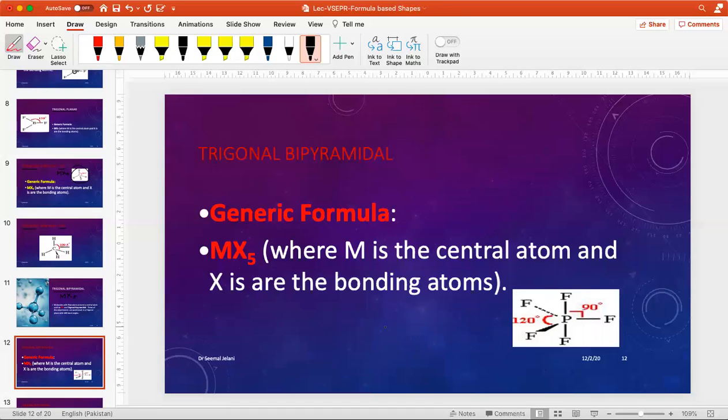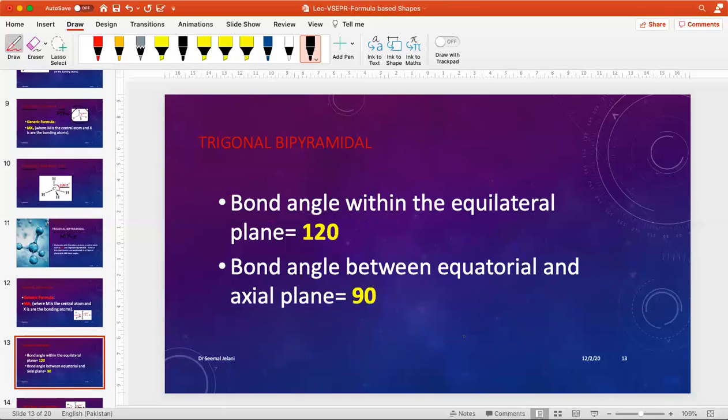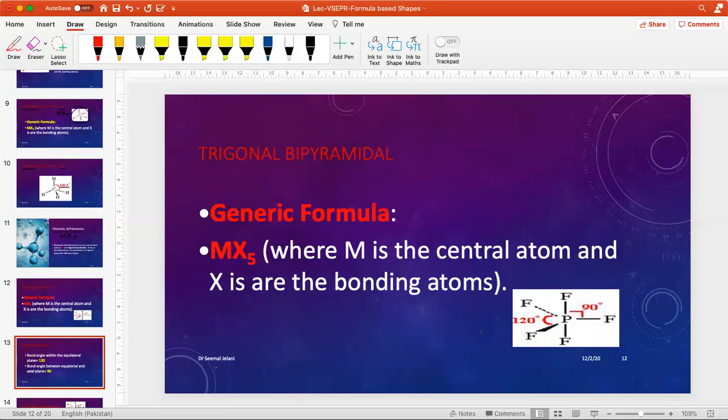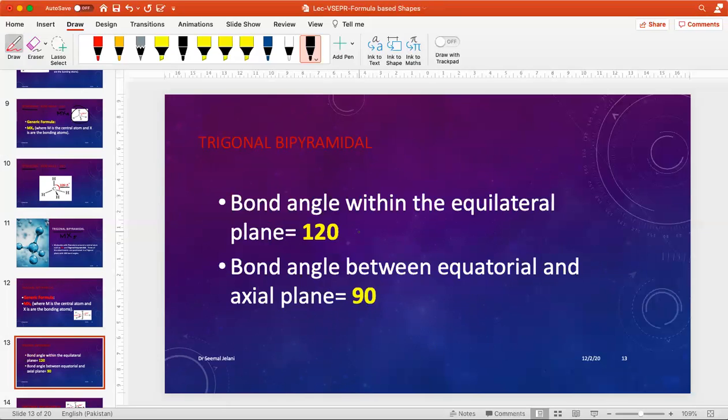Now this is the shape. Yes, this is the shape. And what about the bond angles? The bond angle within the equilateral plane is 120, and the bond angle between equatorial and axial plane is 90.